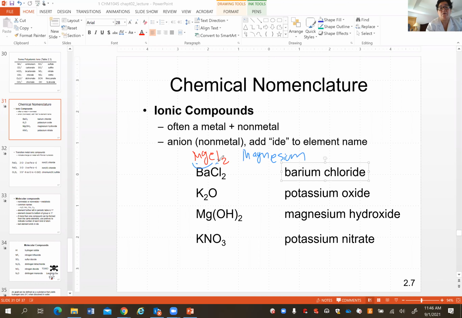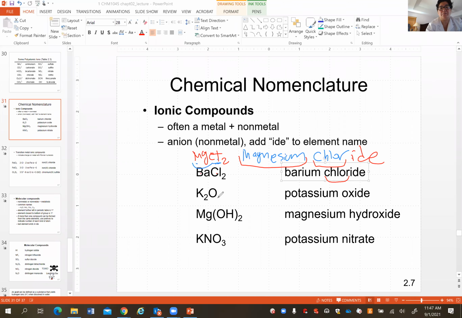Write the root name for the second element, or the anion, which is chlor, and add IDE. So it's made of two parts: the name of the cation, and the root name for the anion, which is chlor, and then add IDE.